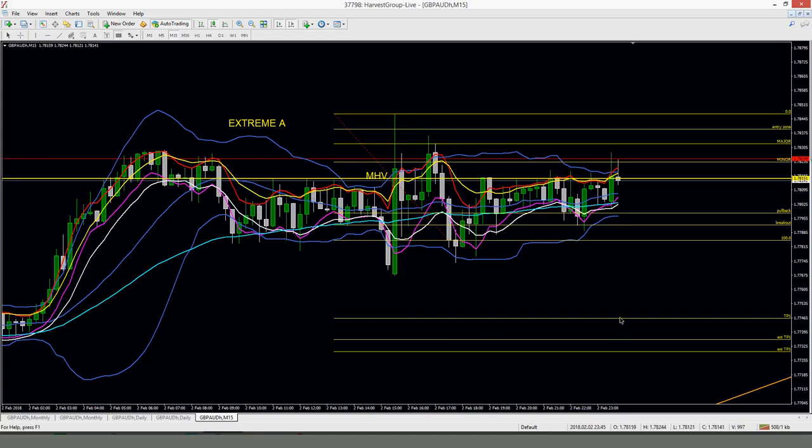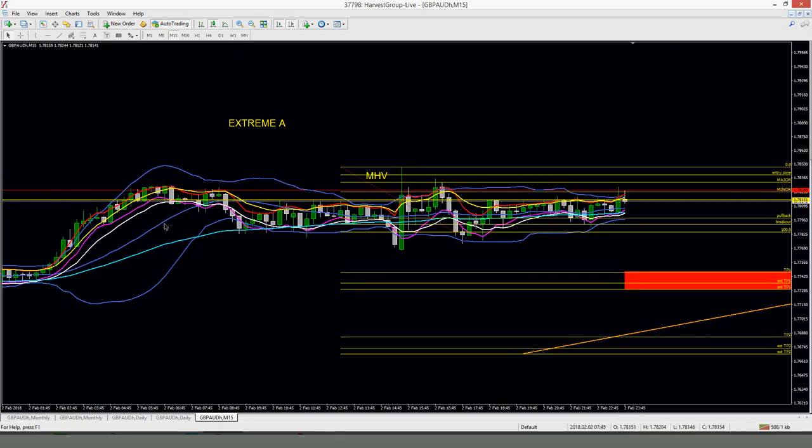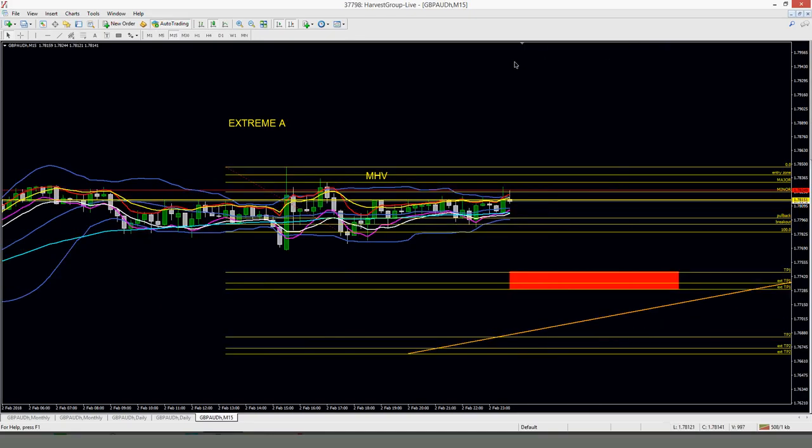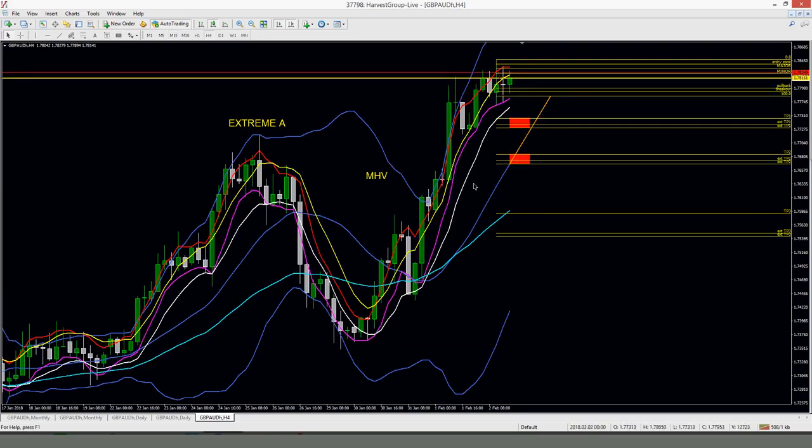Over here I have a rough idea where I can narrow down the market's direction. Let me just pull this here. I have two zones that I can identify to see where it's heading at H4.